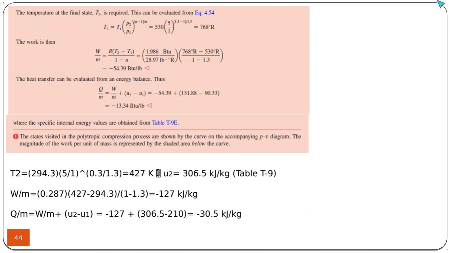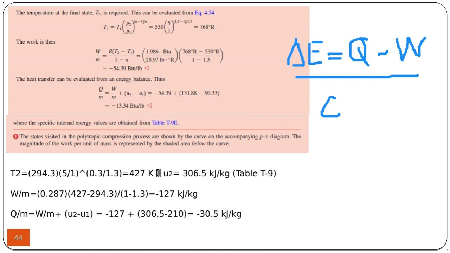So we always use the same kind of approach: delta energy, the change of the system energy, is always equal to net Q in and out of the system minus net W in and out of the system. So this is always the starting point for a closed system. For the case of an open system, which we will see next week, we will include something more, but let me not mention it here.